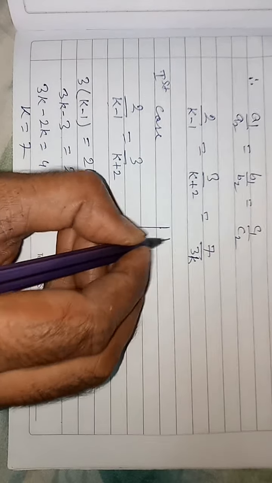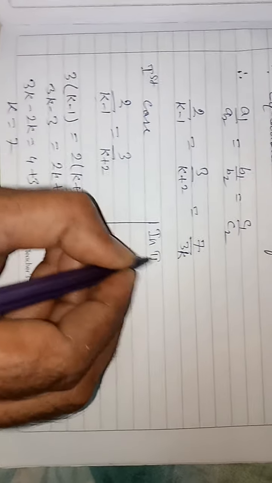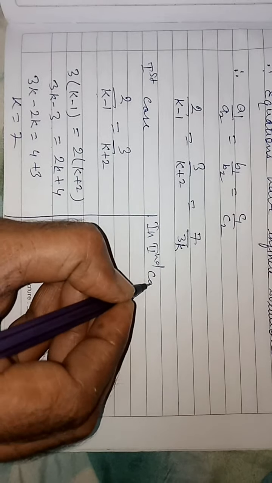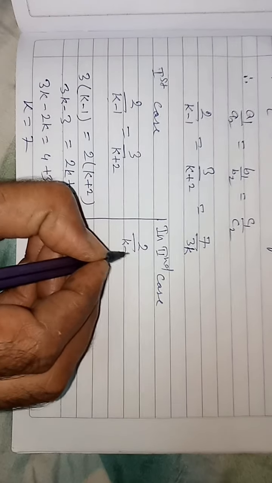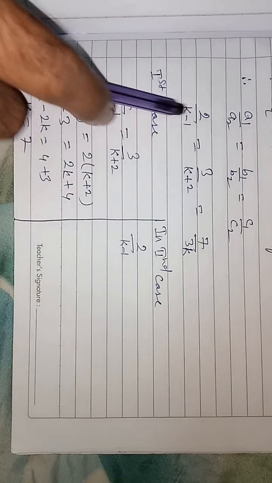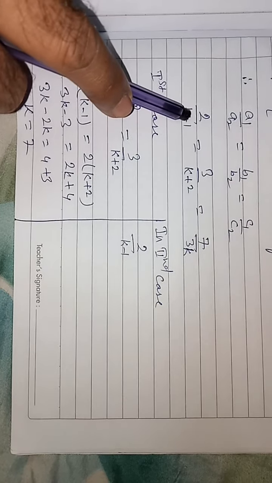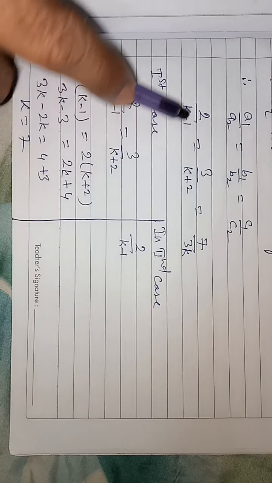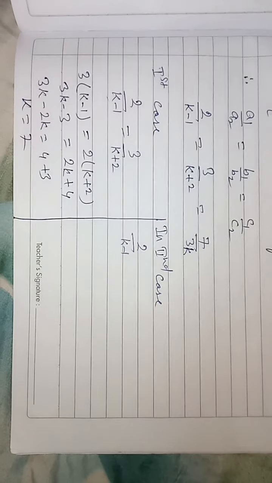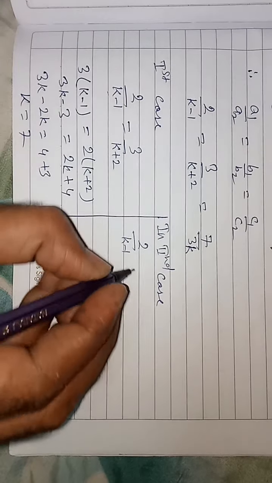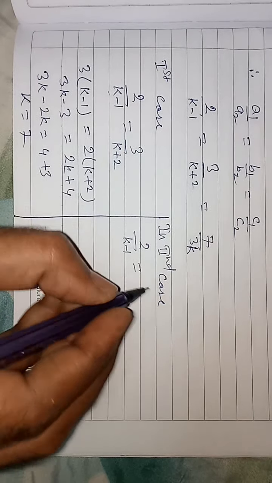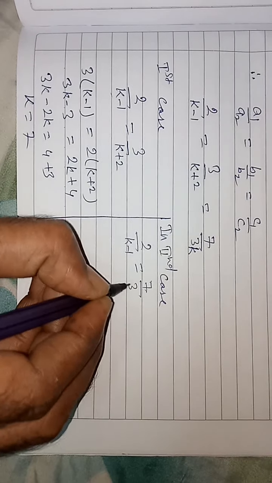In second case, 2 upon k minus 1. At first we have to compare a1 upon a2 with b1 upon b2, then a1 upon a2 with c1 upon c2, because all of them are equal. So 2 upon k minus 1 is equal to 7 upon 3k.